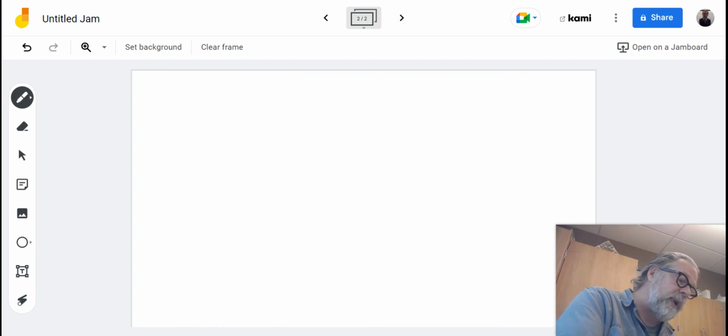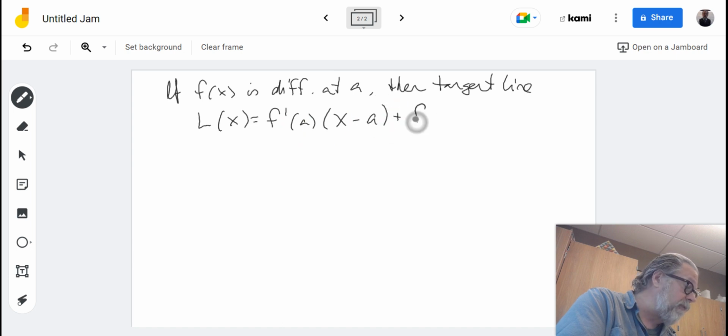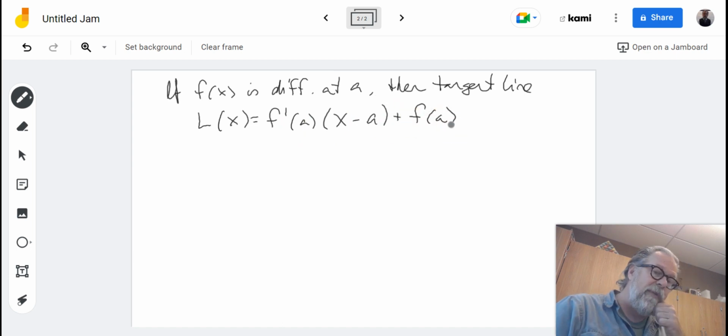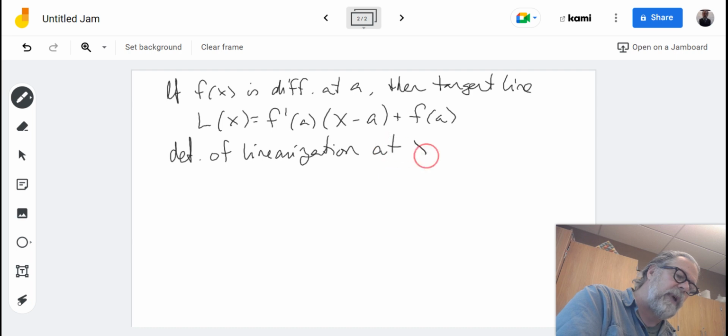Well, by definition, if a function is differentiable at a, then the tangent line L of x is equal to f prime of a times (x minus a) plus f of a is the definition of linearization at x equals a.